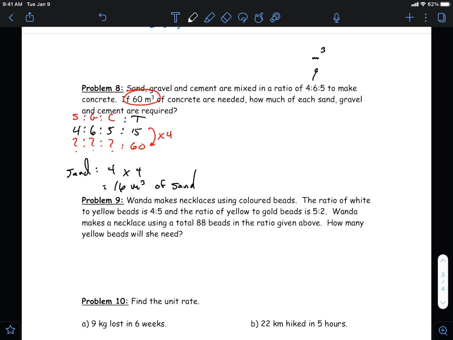We could also go gravel. I'm going to take the original amount of gravel, which was 6, multiply it by 4. What do we get there? 6 times 4 is? Starts with a 2, ends with a, yes? 24. That's 24.